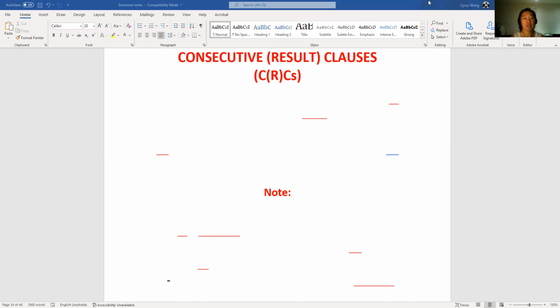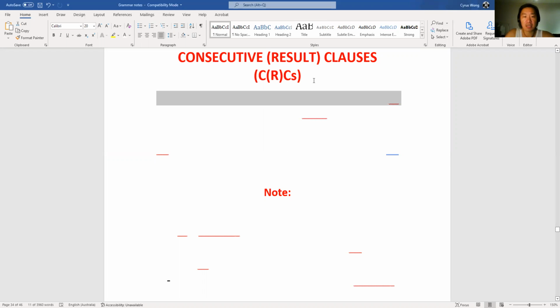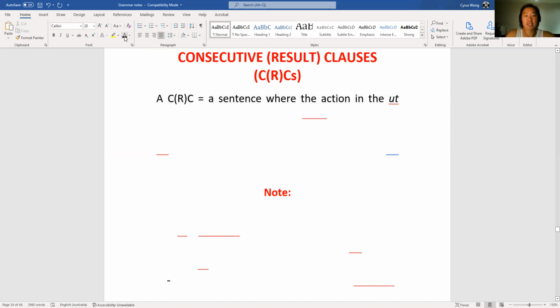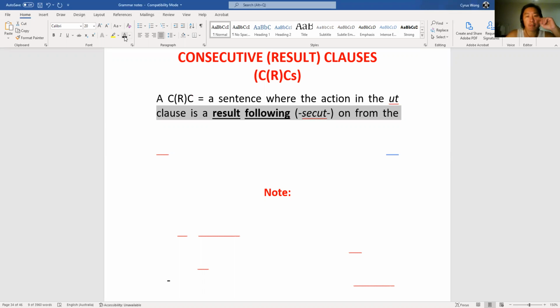So today's topic is consecutive or result clauses, which in the notes shall be referred to as CRCs. So what are we talking about here? A consecutive or result clause is a sentence where the action in the ut clause is a result, hence the name, following on from the action in the main clause.